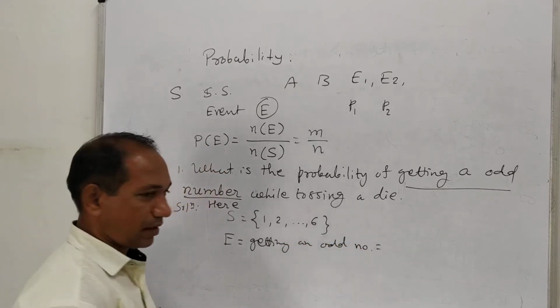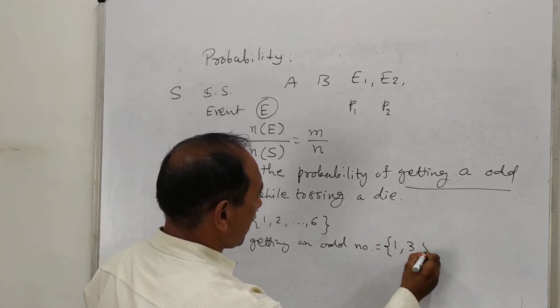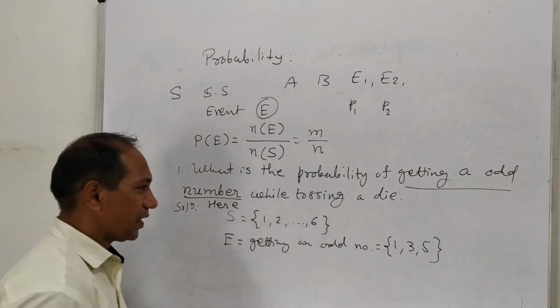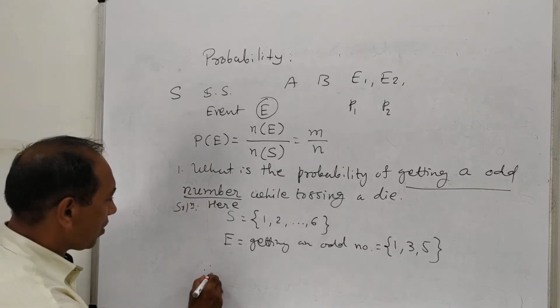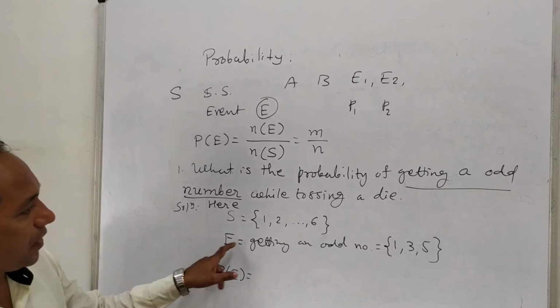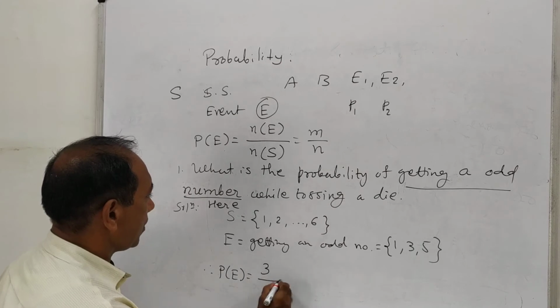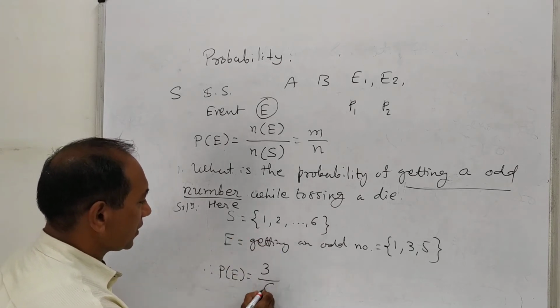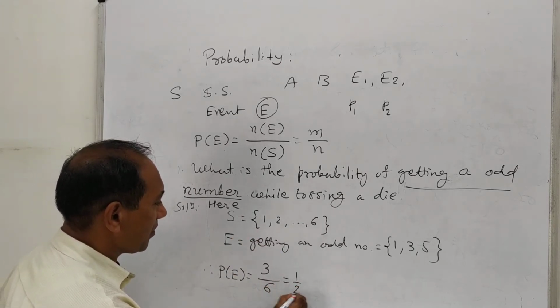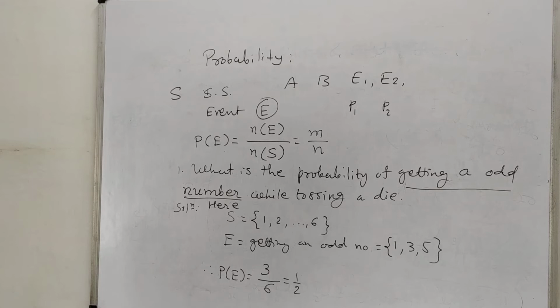And we know that the odd numbers are 1, 3 and 5. So these are the members of the event E. So the probability of E can be obtained very easily. The number of elements in E, we can see there are 3 elements. And the number of elements in the sample space is 6. So the probability is 3 by 6, that means 1/2. So the probability is very easy to obtain.